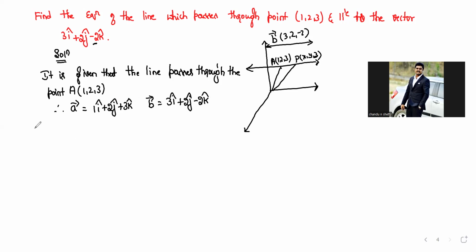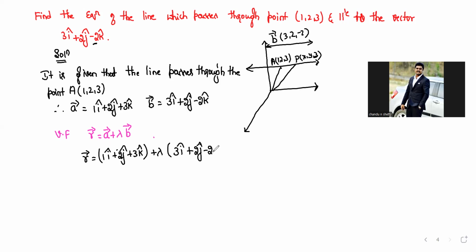So my dear students, we all know the vector form formula. The equation is vector R equal to vector A plus lambda vector B. Okay, this is the vector form formula. Now we all know vector R equal to vector A means 1i cap plus 2j cap plus 3k cap plus lambda into 3i cap plus 2j cap minus 2k cap.